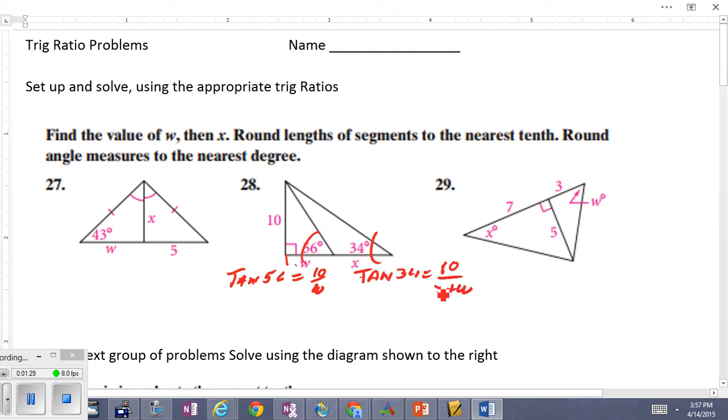Okay, so when I look at that, I've got the tangent of 34. That is allowing me to find w. So let me find w first. So w would equal effectively 10 over the tan of 56. I think you should agree to that. Now, of course, I have to go to my calculator.